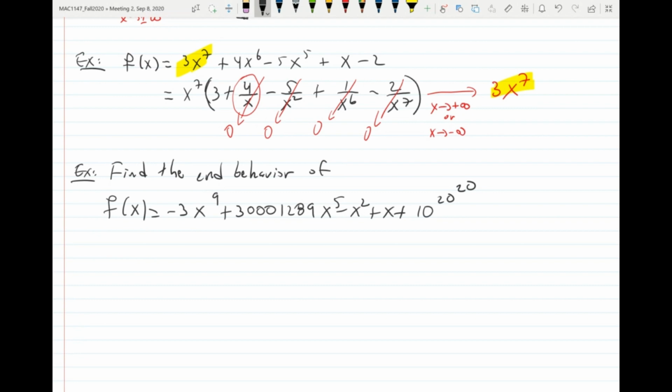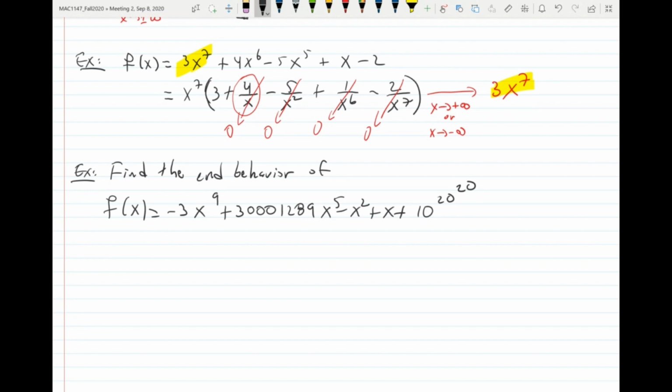Now, we would like to know what's the end behavior of this polynomial. According to the theorem, what is it that we should be looking at? What term in here determines how this function looks at infinity? Anybody? What term? Okay, so x to the 5th. Is x to the 5th the leading term?